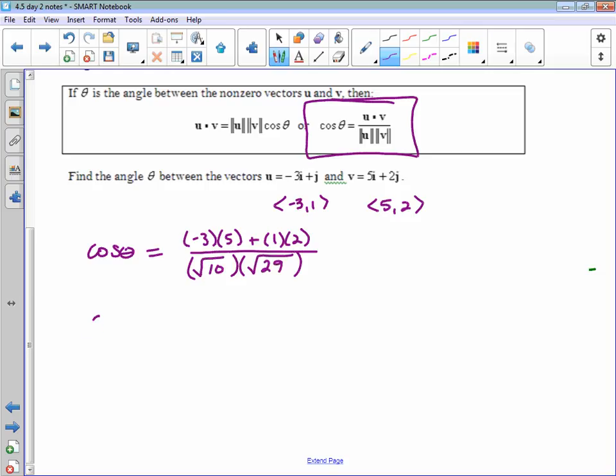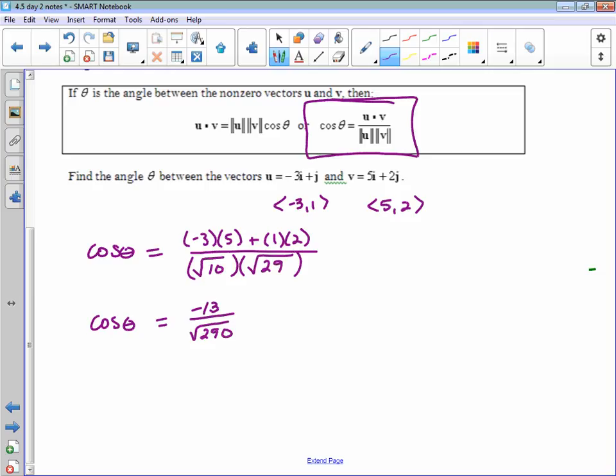All right, so then cosine of theta equals, my numerator, negative 15 plus 2, so negative 13 over the square root of 290. Okay. What would you do now? No, not rationalize. You don't have to rationalize. Inverse cosine.